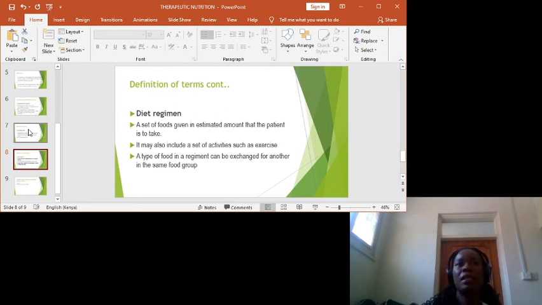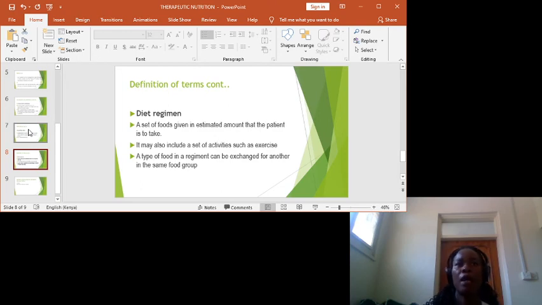A regimen is basically a decision of types of food and amounts to be included per day. And in a regimen, there has to be a provision for an exchange within a food group. For example, in carbohydrates, bread can exchange for ugali, ugali can exchange for rice, rice can exchange for yams, yams can exchange for all those foods which are in the carbohydrate section.